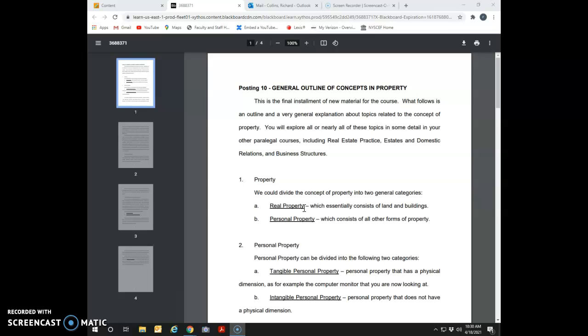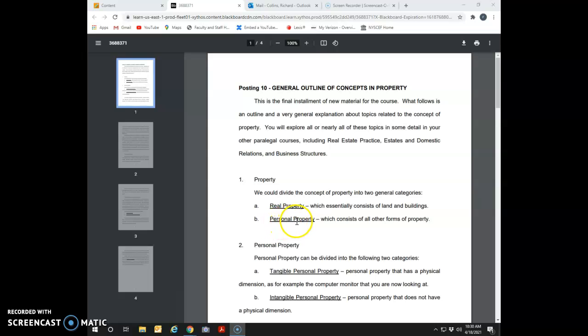Person buys it, brings it home, and at least in my case, with the assistance of an electrician, puts the chandelier in the dining room ceiling. At that point, the chandelier has become part of the real property because it's a fixture. So if I were to sell you my house, I'm selling you all of the real property, and it would include the chandelier because it's part now of the real property.